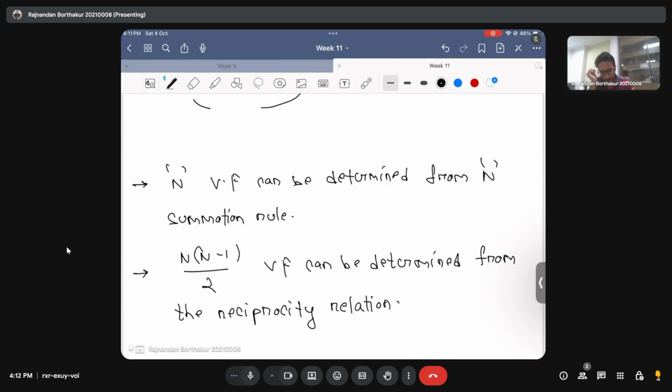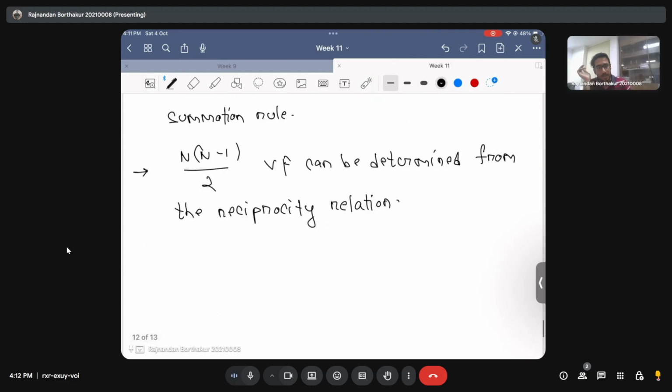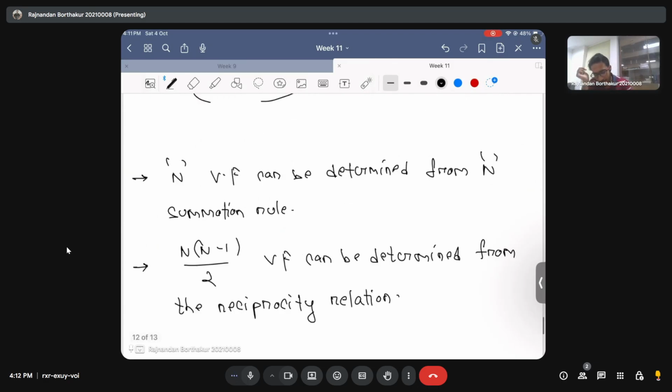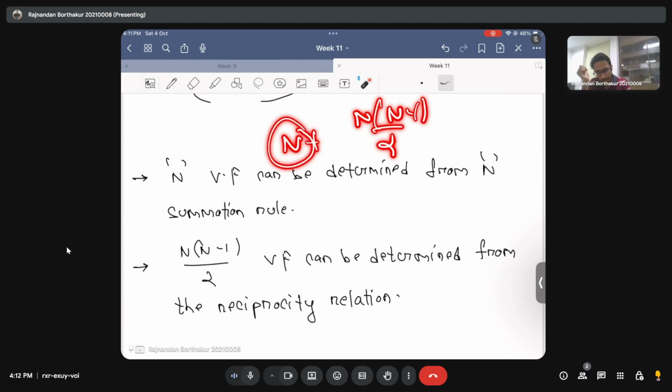Okay, which means that the possible view factors that can be completely determined are n plus n into n minus 1 by 2. N comes from the n summation rules and n into n minus 1 by 2 comes from the reciprocity relation when we apply it for the n surfaces.